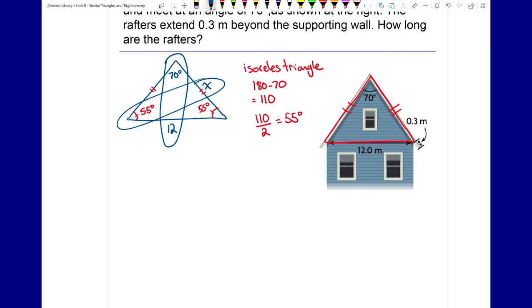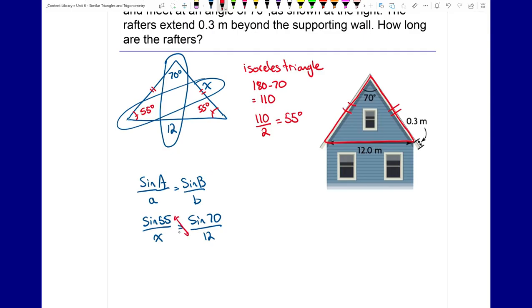Now we don't have any letters A, B, or C. I'm just going to use A and B. So sine A over little a equals sine B over little b. Again, labeling it doesn't really matter so much as long as you keep your pairs together. So I'm going to have sine of 55 over x is equal to sine of 70 over 12.